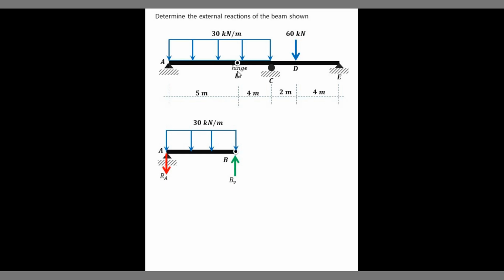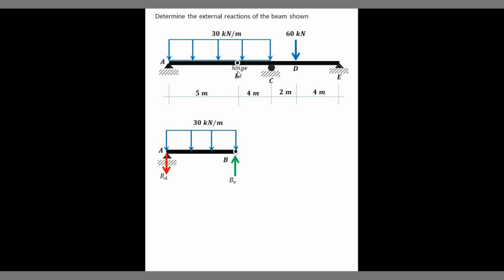Since I have separated it, at point B, where the hinge is, we have internal reactions: BV, BH, and the moment. I removed BH because there are no forces along the x-axis.